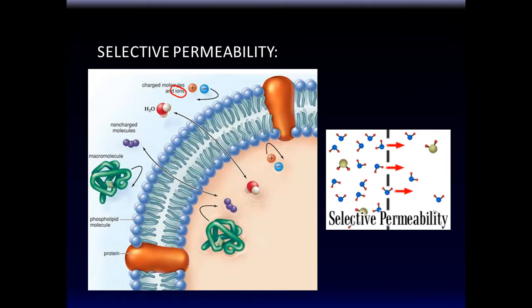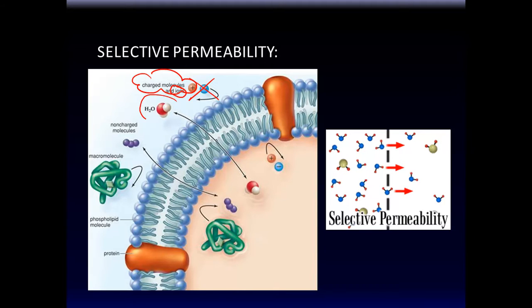Any ion, however small it may be, like sodium chloride. That's very important because they would possibly kill the cell. So any ions are not able to get through the membrane. Any charged molecule, for that matter, whether big or small, is not going to be allowed to get through. So charged molecules and ions can't go through.